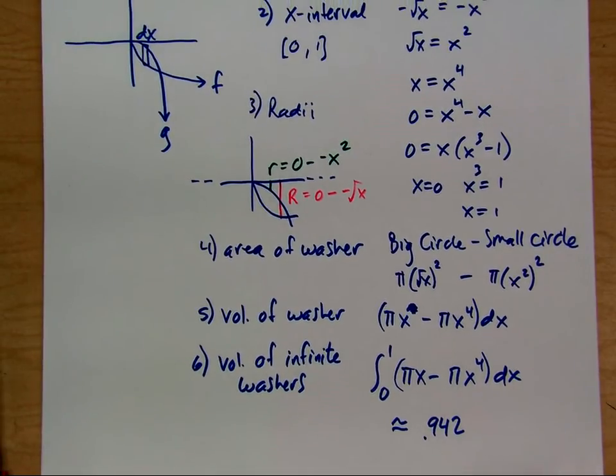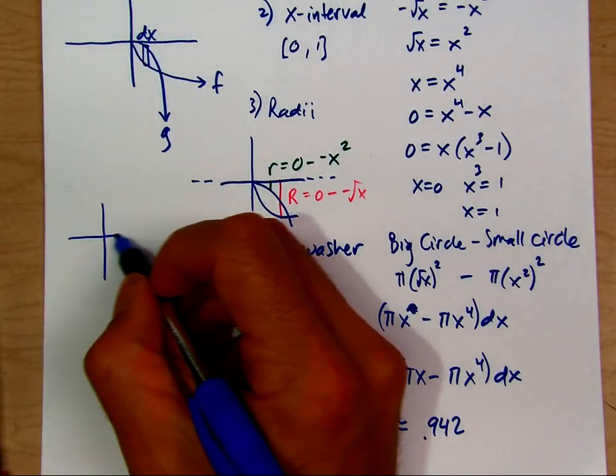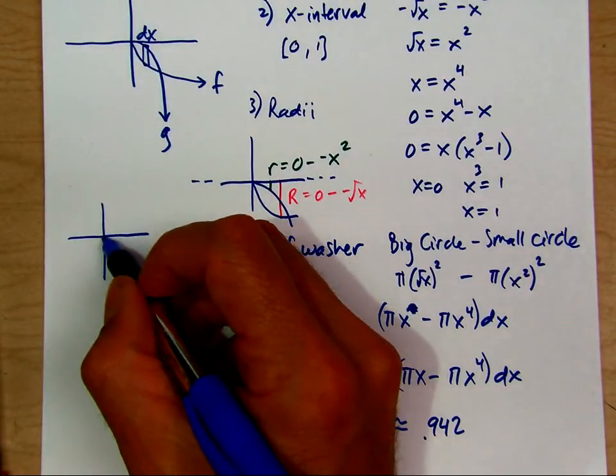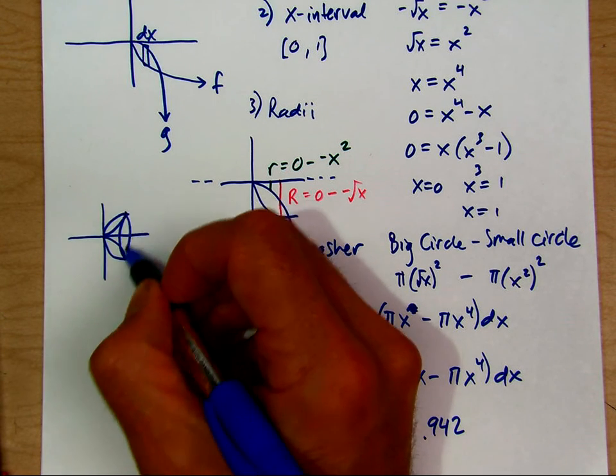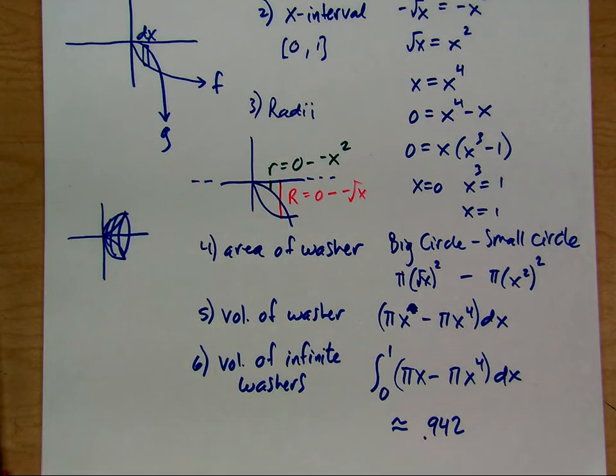And let's just review what's happening here. We had this region, and it rotates to make a solid circular funnel type shape.